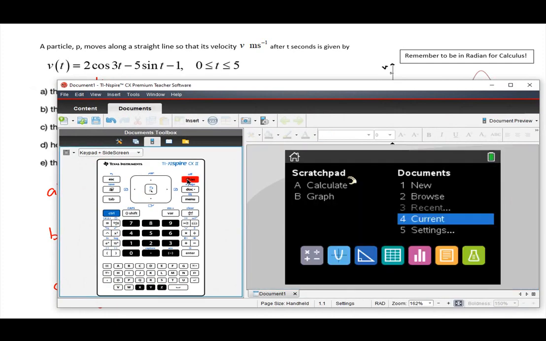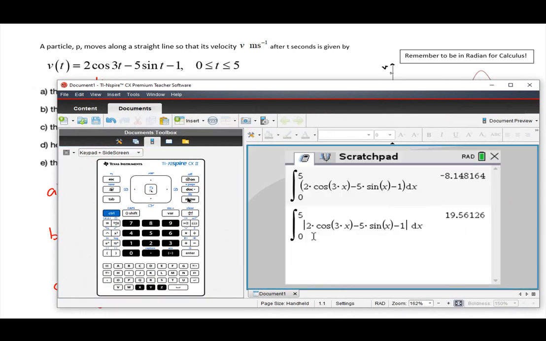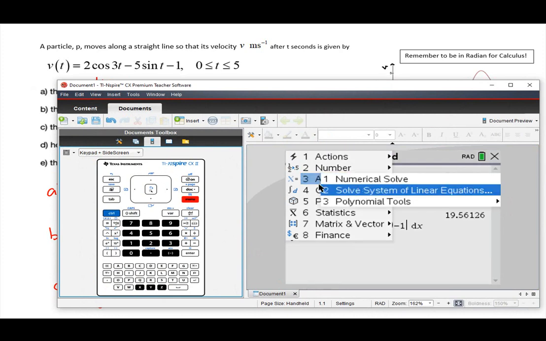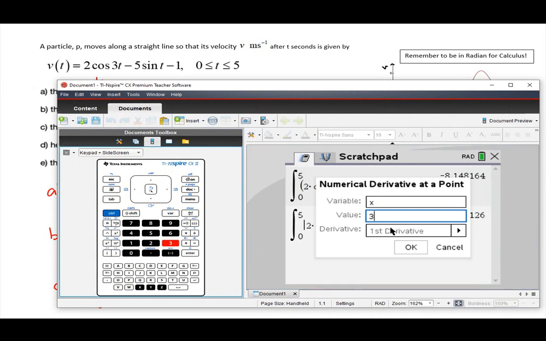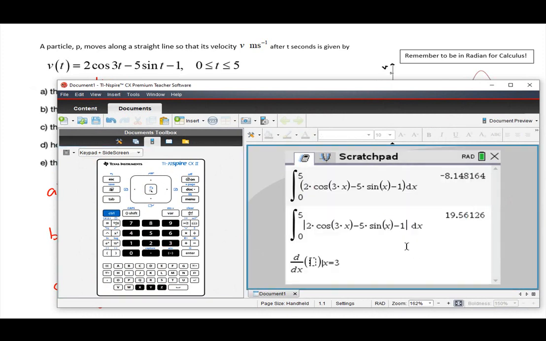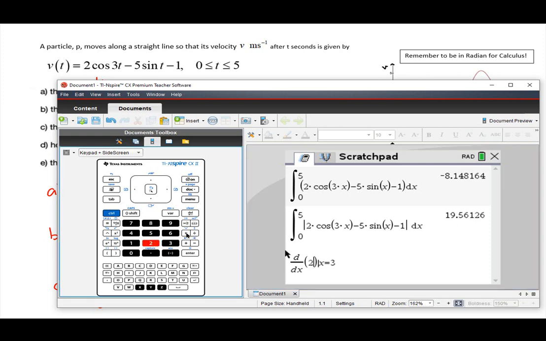So on the calculator, we're doing derivative this time. So menu, calculus, derivative. The value is 3, and this is only one derivative, the first derivative. Just type in our function. We have 2 times cosine 3x minus 5 times sine x, and then minus 1.